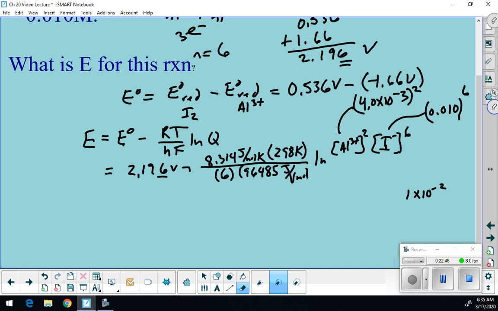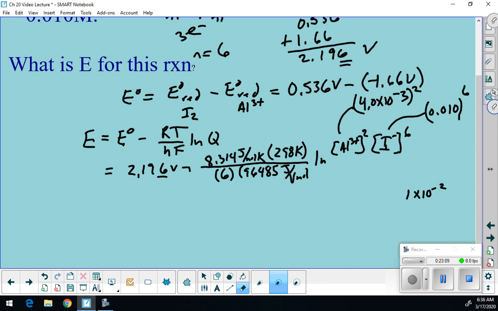There we go. I get 1 times 10 to the minus 12th times 4 times 10 to the minus 3rd, and I'm going to square that. And I get 1.6 times 10 to the minus 17th. Take the natural log of that. I get negative 38 something, right?